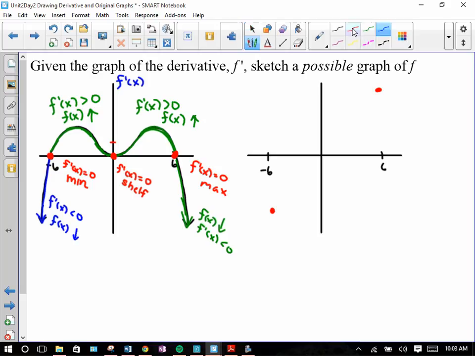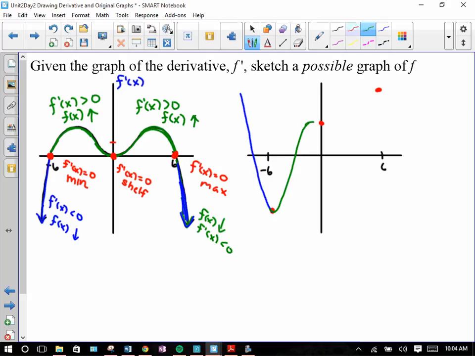From negative infinity to negative 6, this function is decreasing. From negative 6 to 0, this function is increasing. At 0, there's a shelf.